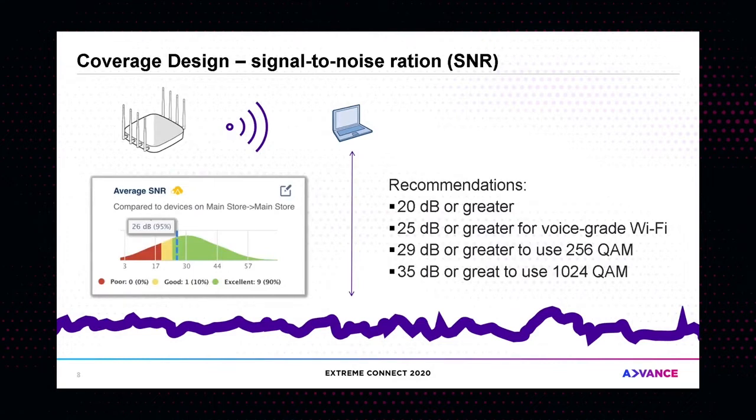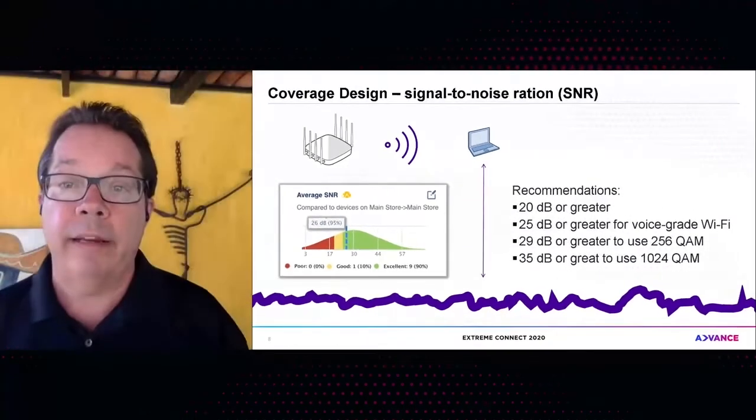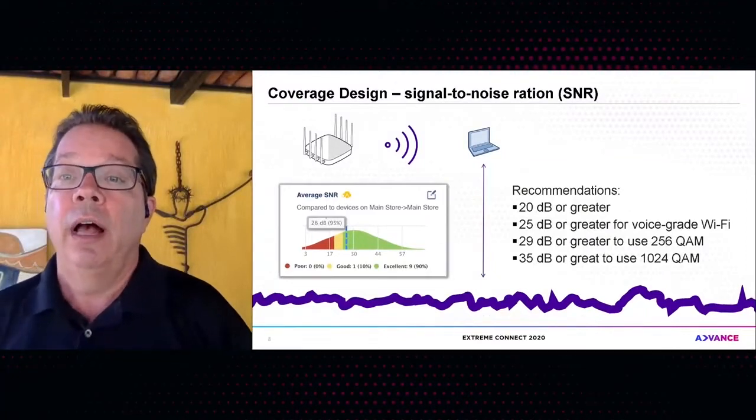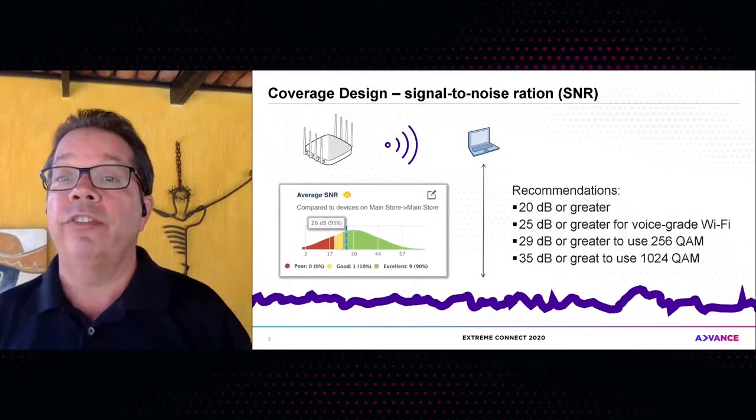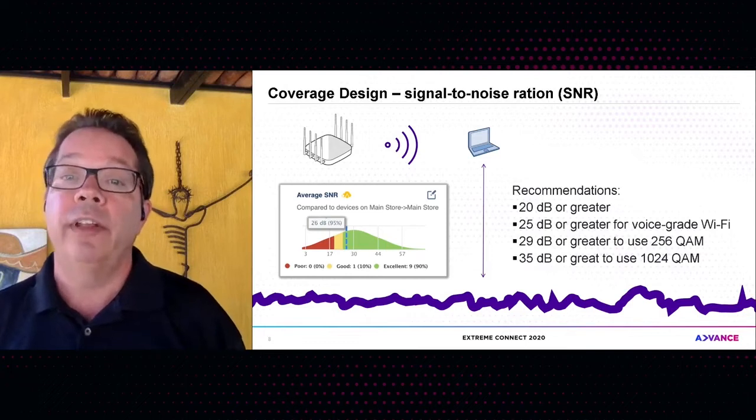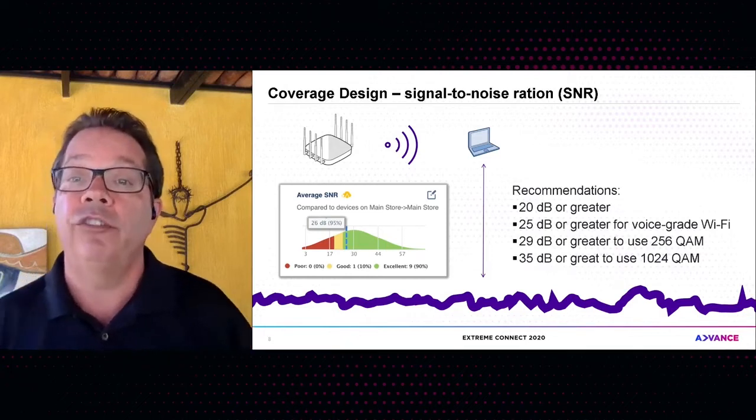So these are pretty much some recommendations that are pretty much industry standard for the most part. At the minimum, you want an SNR of 20 dB or better from both the client's perspective and the AP's perspective. If you're going to be voice grade networks, it's got to be 25 dB or better. So that's got pretty pristine RF conditions.